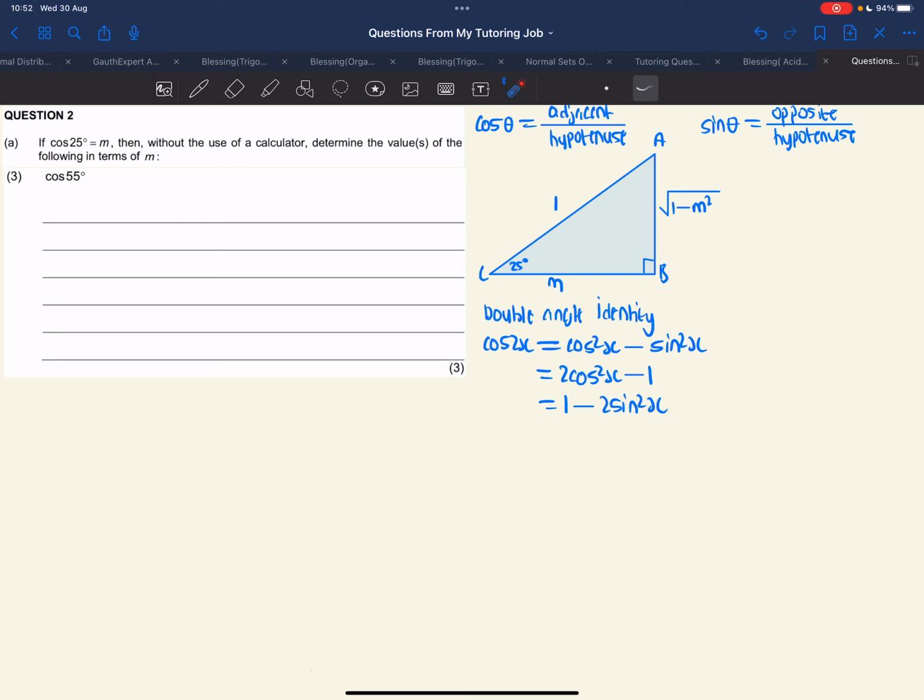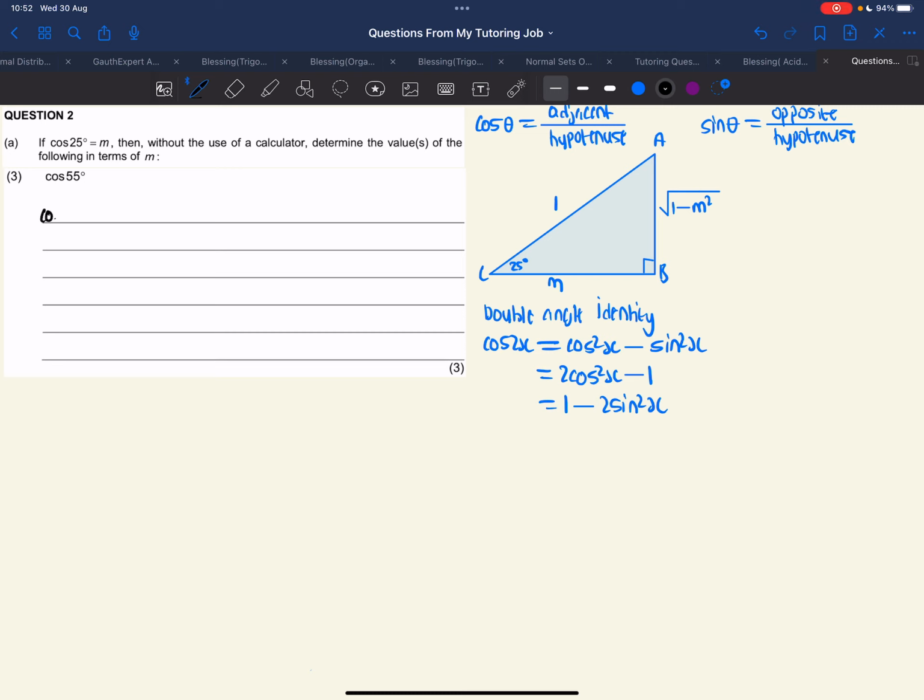If you say 55 minus 45, it gives you 10, so that's not going to work out. But if you say 55 minus 30 degrees, can you see it actually gives you 25 degrees? So basically, if we combine 30 degrees with 25 degrees, it's going to give us 55 degrees, right?